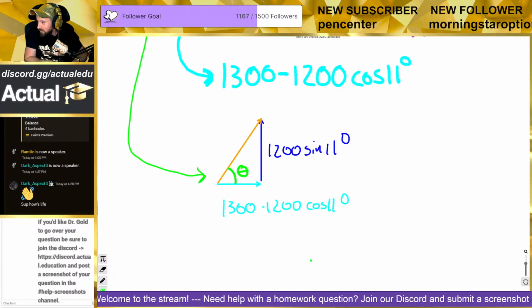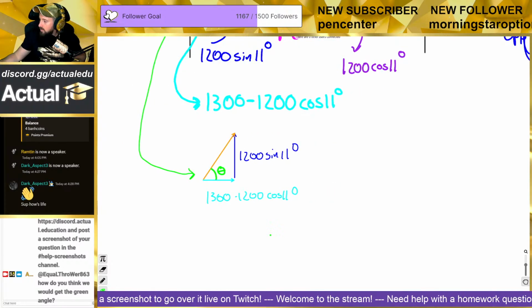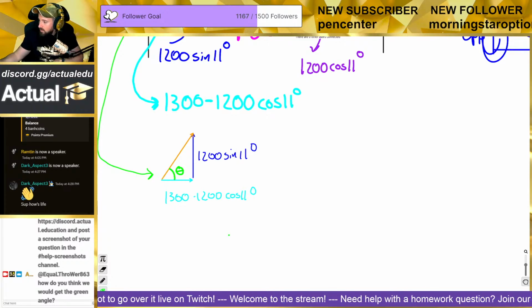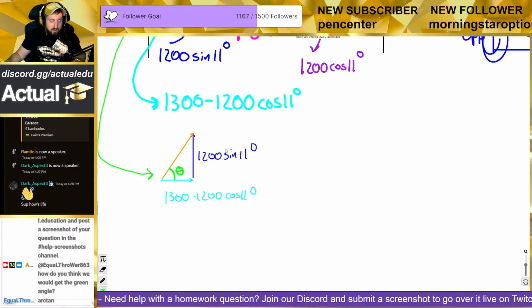How do you think we would get the green angle? Okay. The way to do this is use arctangent.